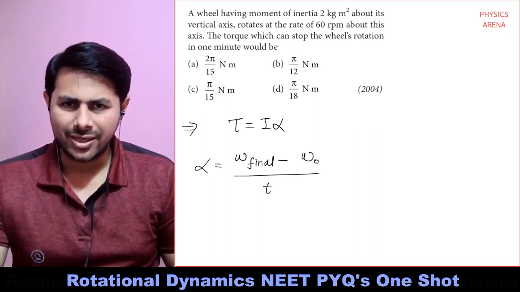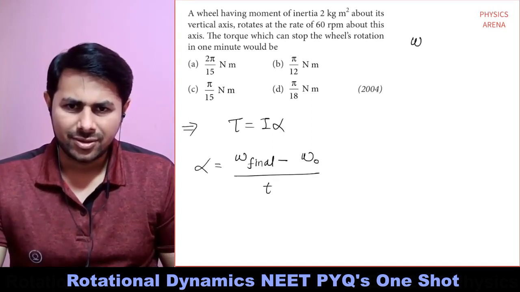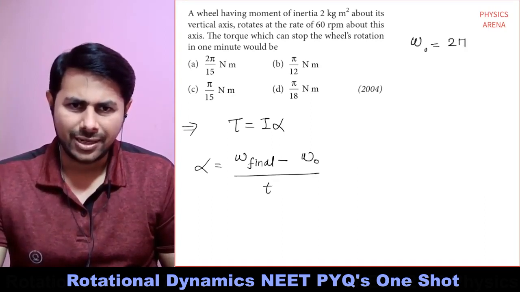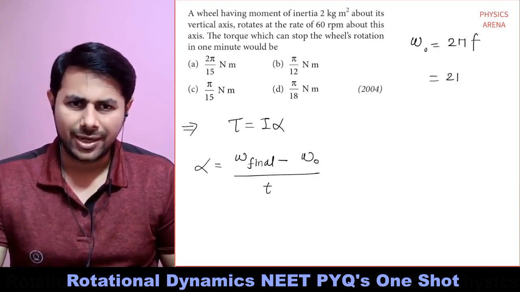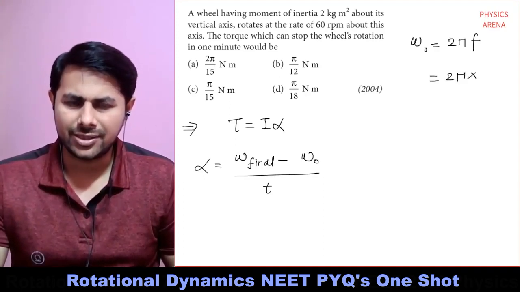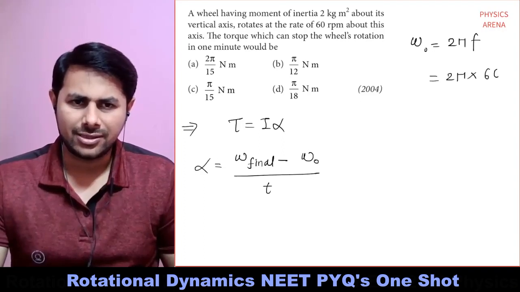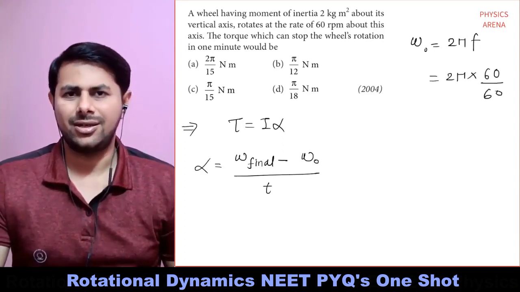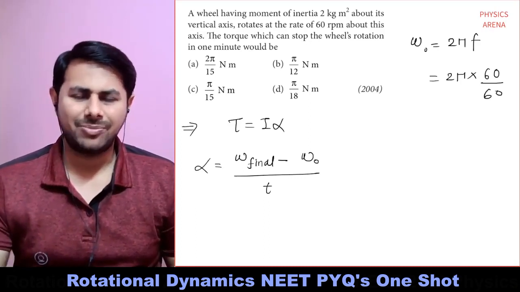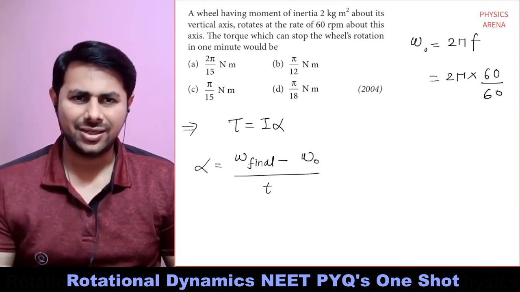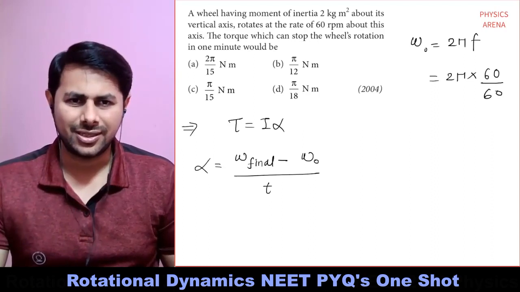So what is omega initial? Omega 0 is 2 pi multiplied by f0. So it is 2 pi multiplied by f, which is 60 rpm, that is 60 by 60 rps. 60 revolutions per minute means how many revolutions in a second? One revolution in a second.